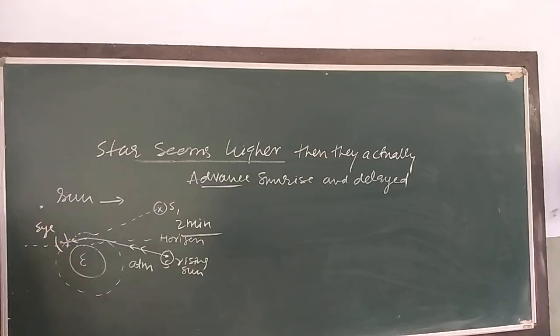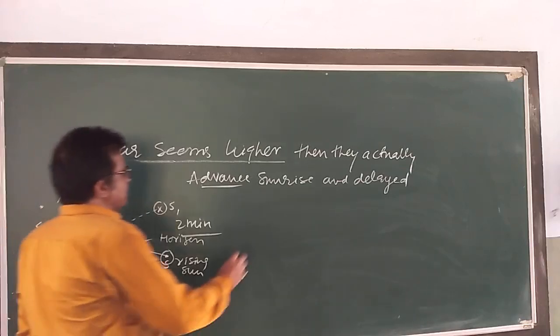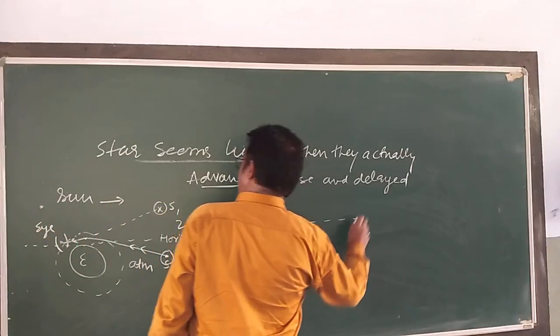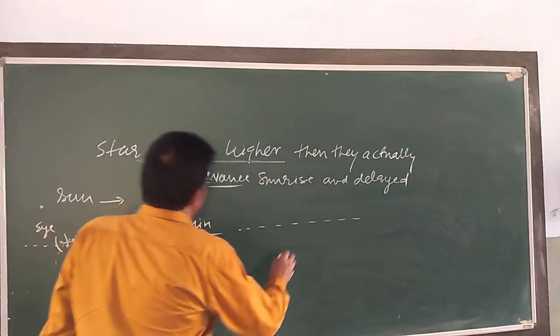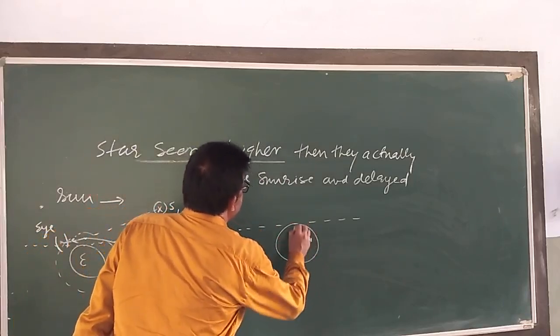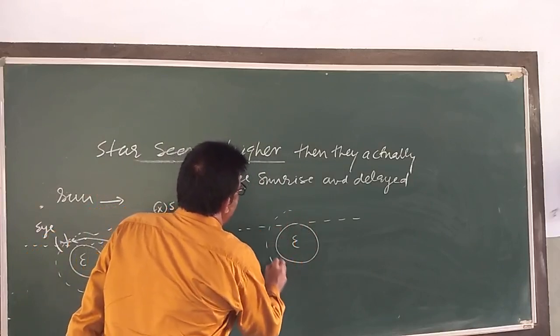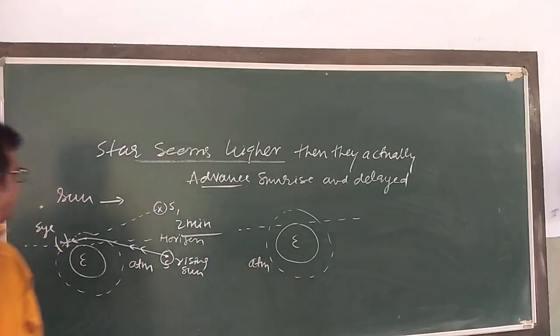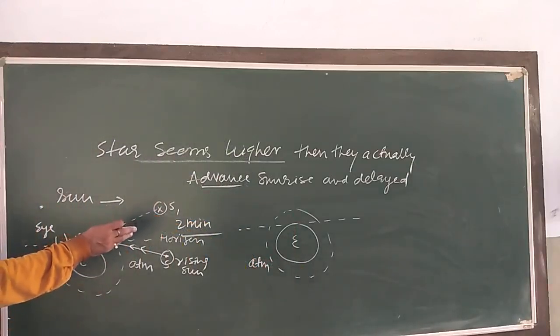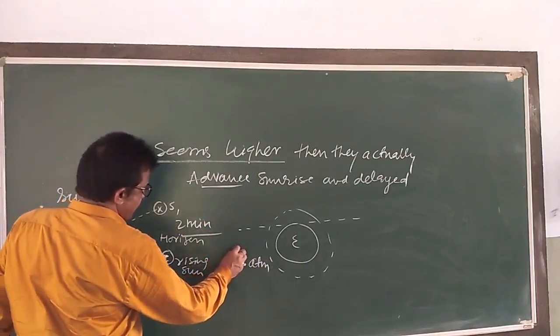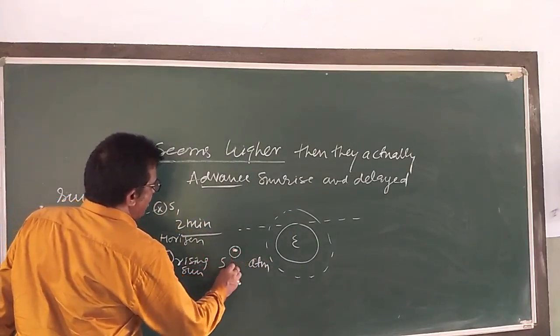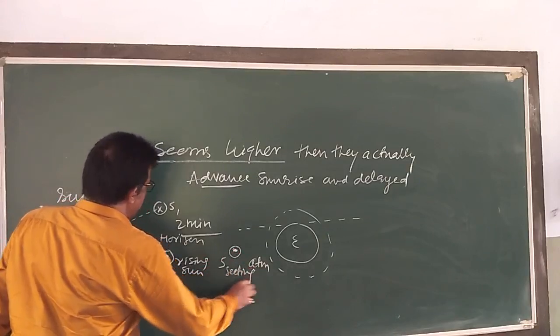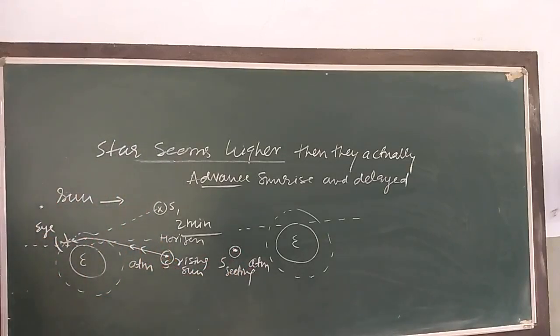Similarly, at the time of sunset, suppose this is our earth and this is our atmosphere. Then what is going on here? Here is the position of the setting sun, and here the position of the rising sun.